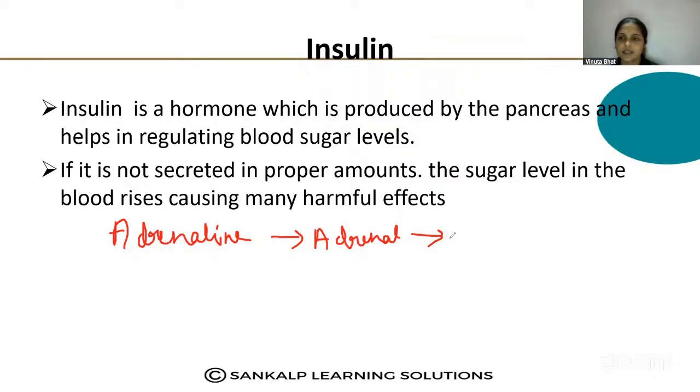What is its function? It prepares the body to face the situation.